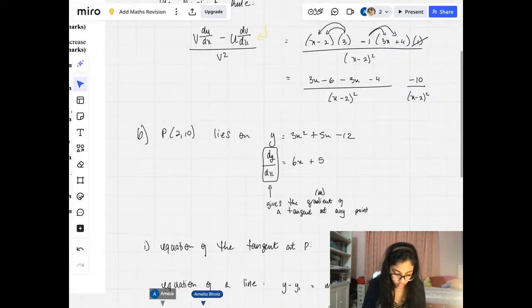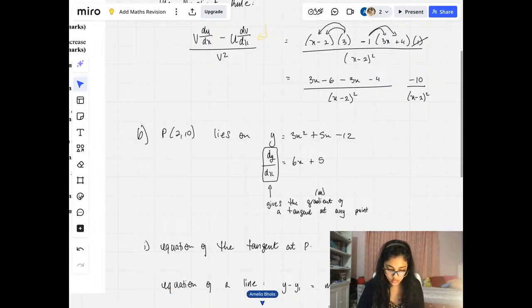At the point P (2, 10), x is equal to 2. So I'm going to substitute x into dy dx: 6x plus 5, which is 12 plus 5, which is 17.